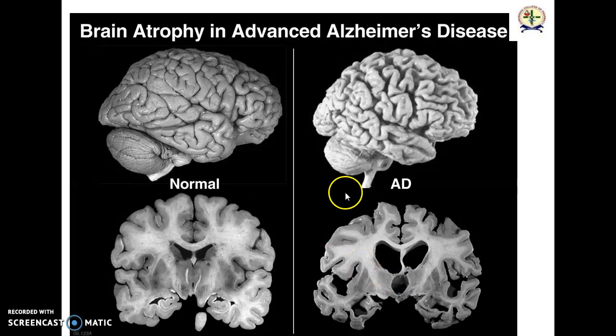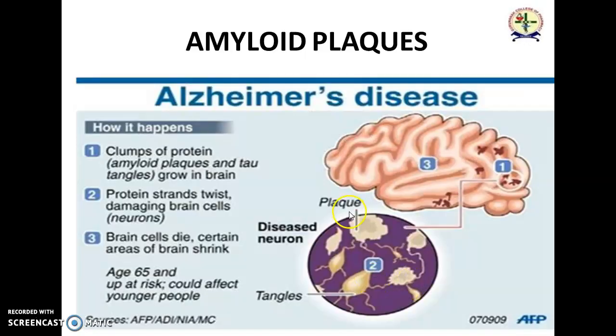To understand the disease better, as it is a neurodegenerative disorder, the brain plays a major role here. So you can see the difference between a normal brain and an AD brain. We are talking about amyloid plaques, so you can see how these amyloid plaques look.